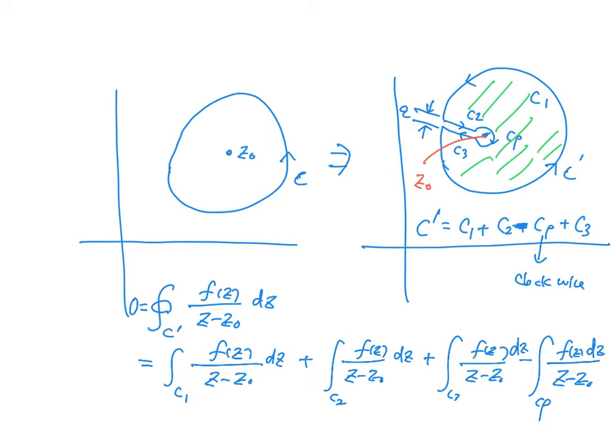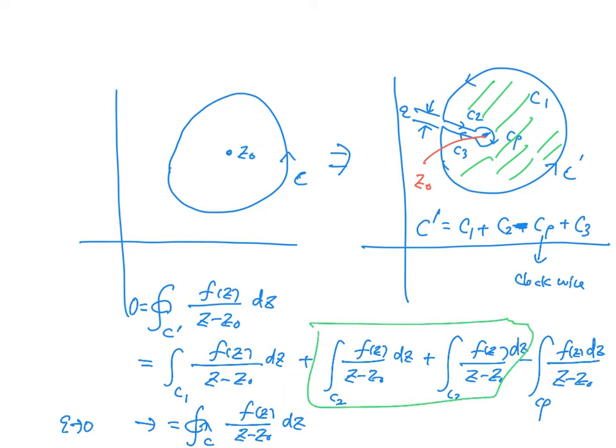And if we set epsilon equal to 0, it becomes what? It becomes C, right? And C2 and C4, C3 are opposite direction. So if you are getting close to each other, then it becomes 0, right?